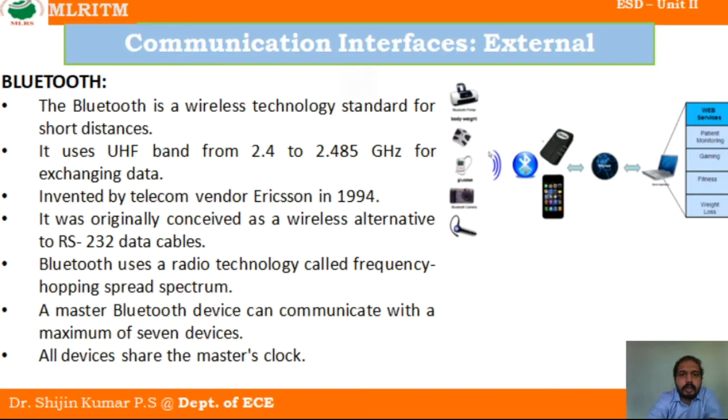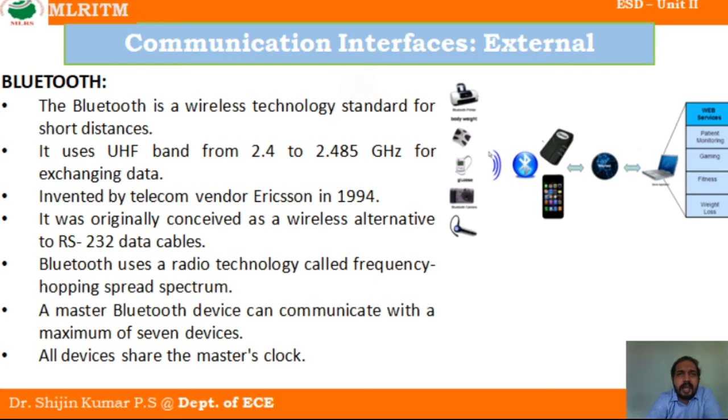It was first introduced as an alternative to RS-232. RS-232 is a wired form of data transmission, and this one is wireless. Bluetooth uses a radio technology called frequency hopping spread spectrum to transmit and receive the data.